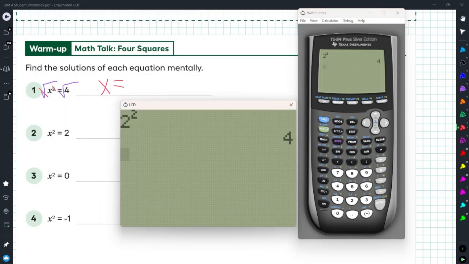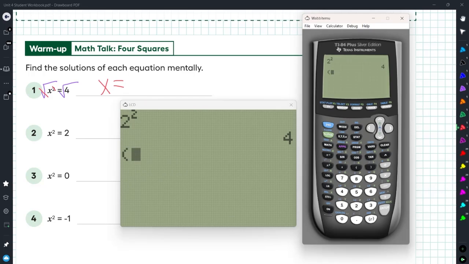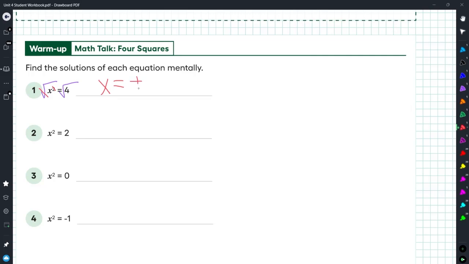But because we are solving, x could also be negative 2, because negative 2 squared also gives us 4. So what we have to think about is, what number can I substitute in for x that when I square it, I get 4? Well, that'll be 2 and negative 2. So we write it as x equals plus or minus 2, or x equals 2 and x equals negative 2.